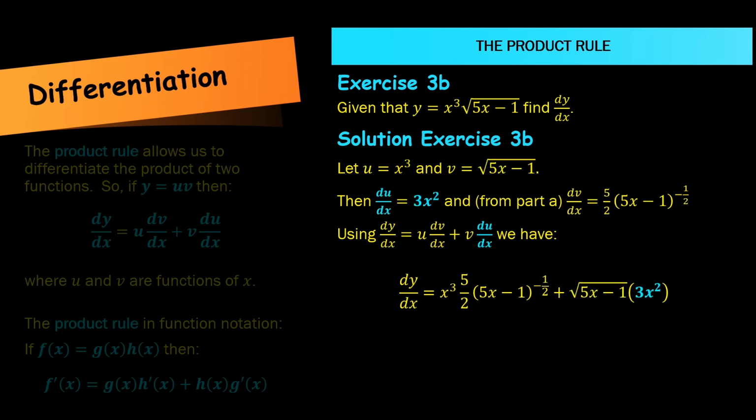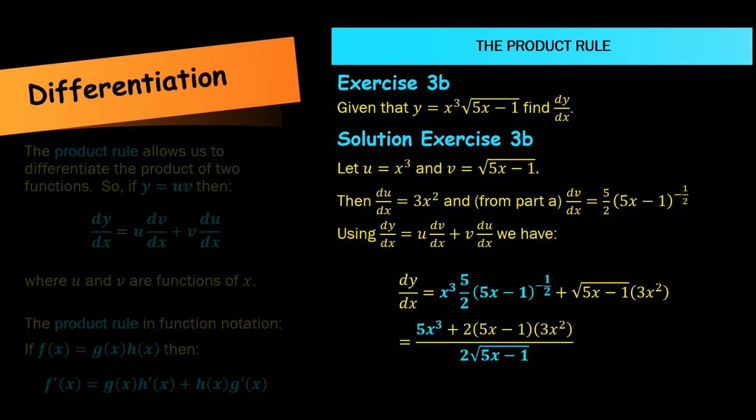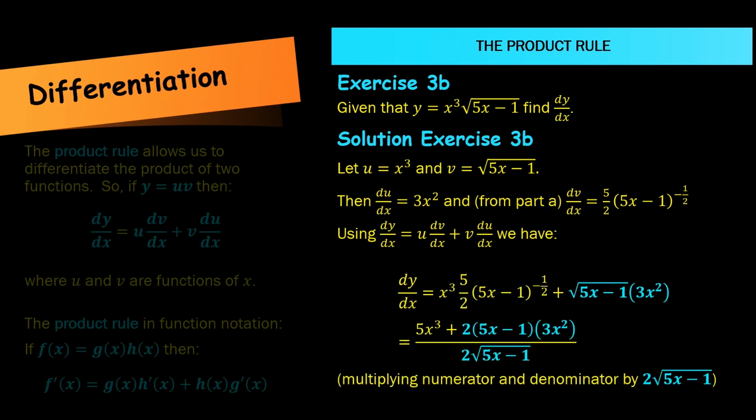We can now tidy this up a little bit. Here's our fraction 5x cubed over 2 times root 5x minus 1. And for the second term, if we multiply the numerator and the denominator by 2 root 5x minus 1, we have this expression here.